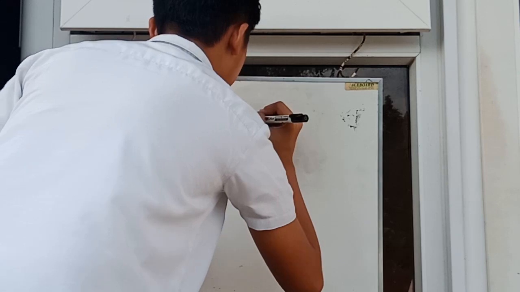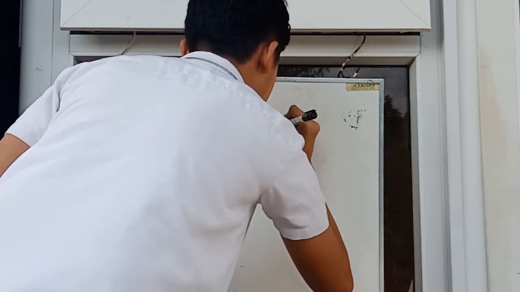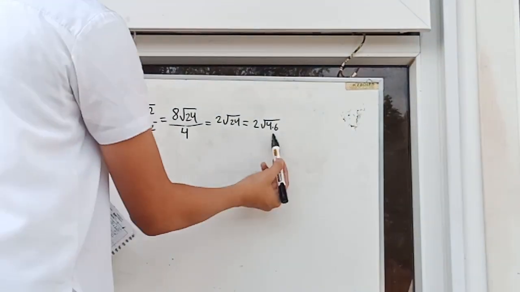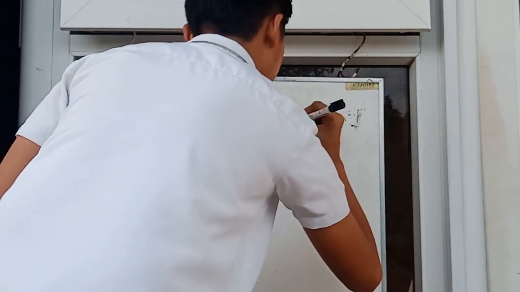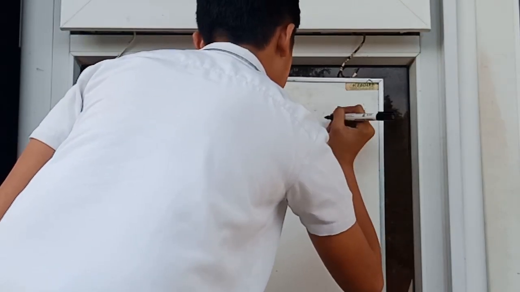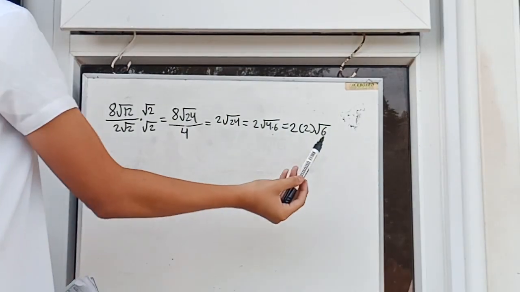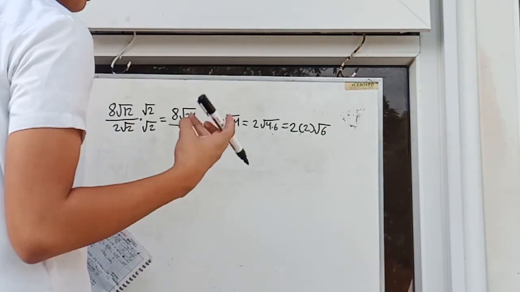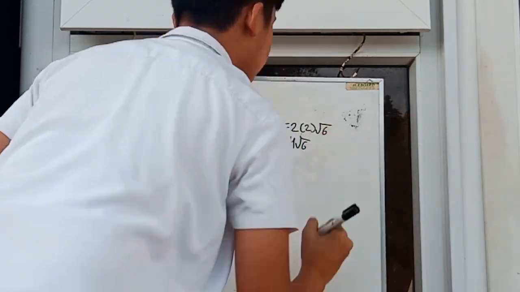So, if you multiply, let's say, 4 and 6, the answer is 24. But 4 here is a perfect square. So, we can 2 times 2 square root of 6. We remove the 4 and multiply it with the number out here. The answer is going to be 4 square root of 6.